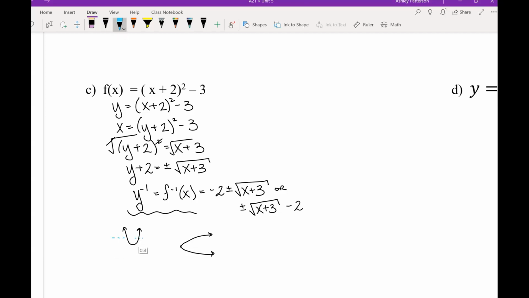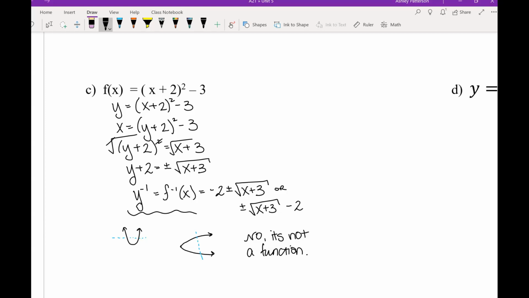So for inverses, if the domain and range values switch, it follows that, yep, this is not going to be a function. So if the range repeats in the original function, then the domain will repeat in the inverse. So no, it's not a function.